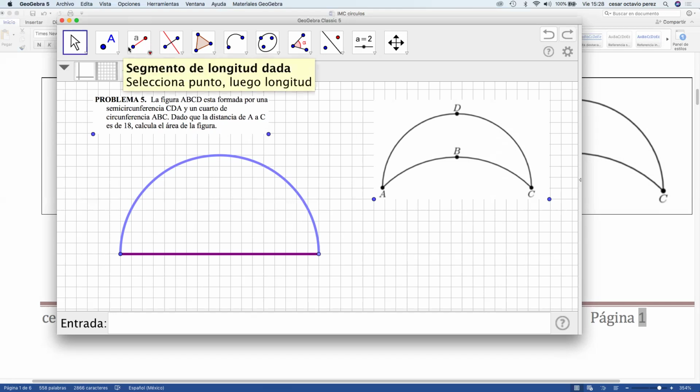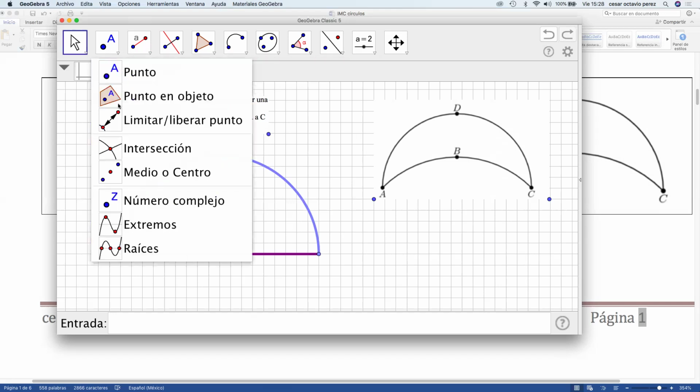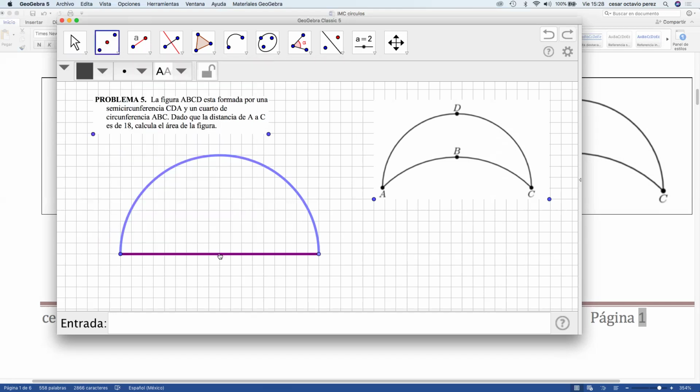It's very important that we find the centers of the circle. This center, this will be 9, okay? This is easy.